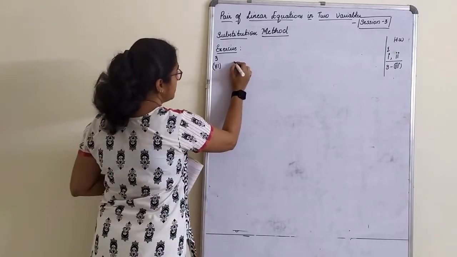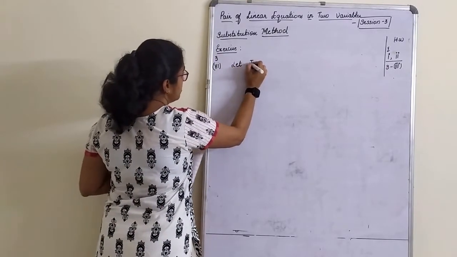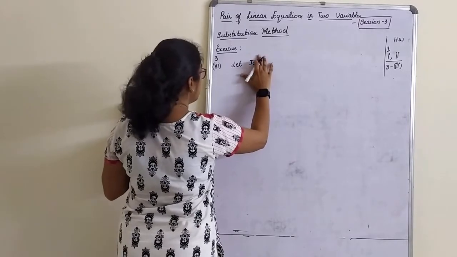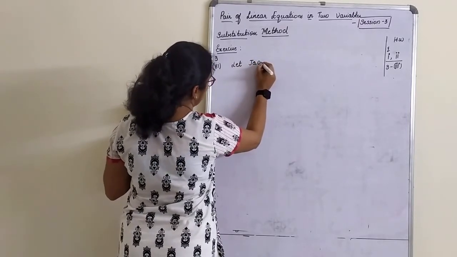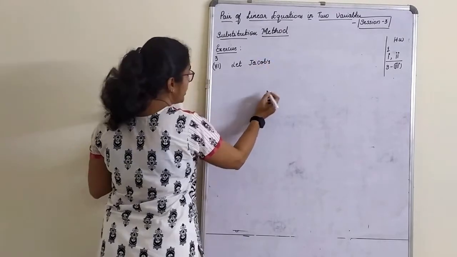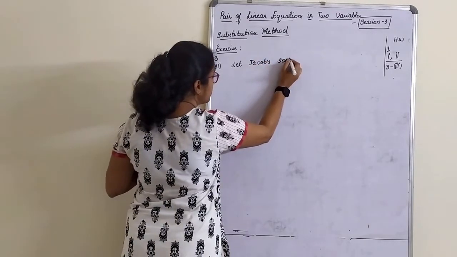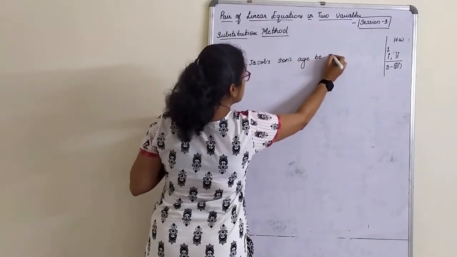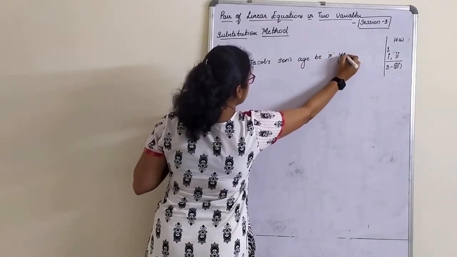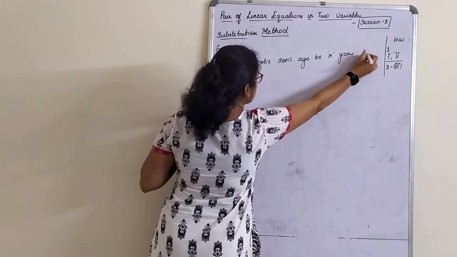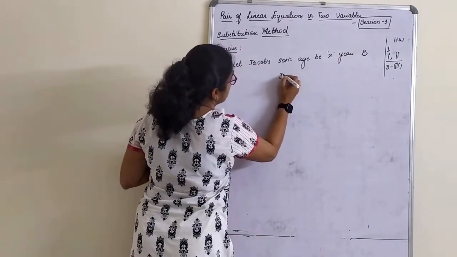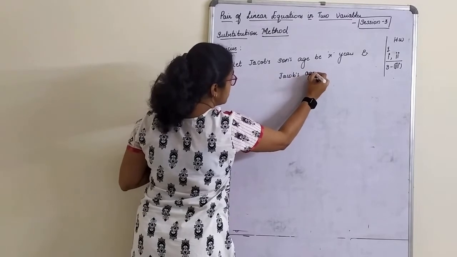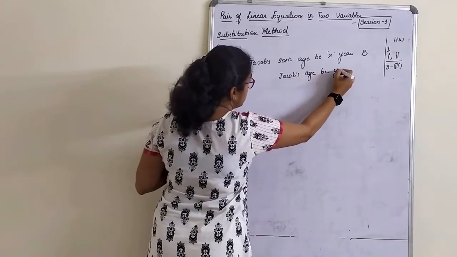So, we will consider, let Jacob's son's age be x years and Jacob's age be y years.